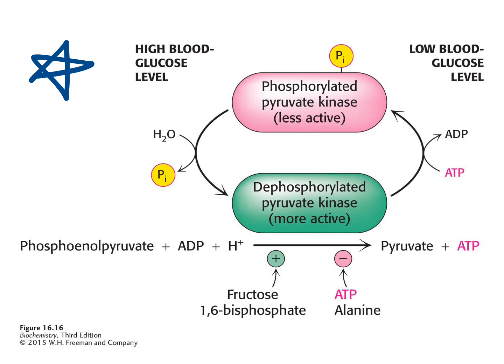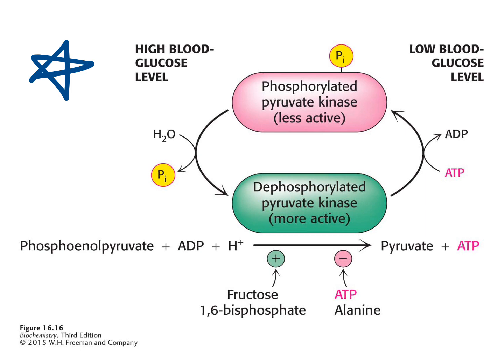This chart shows the control of catalytic activity of pyruvate kinase. Pyruvate kinase is regulated by allosteric effectors and covalent modification. When the high blood glucose level is present, the phosphorylated pyruvate kinase goes from less active to more active.